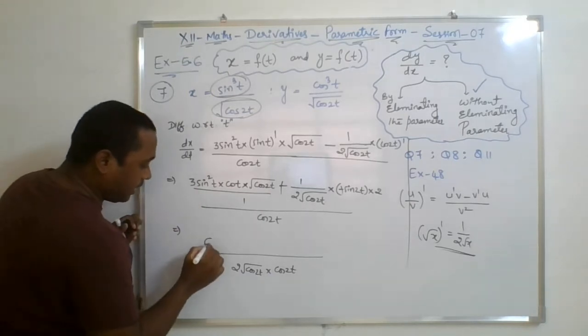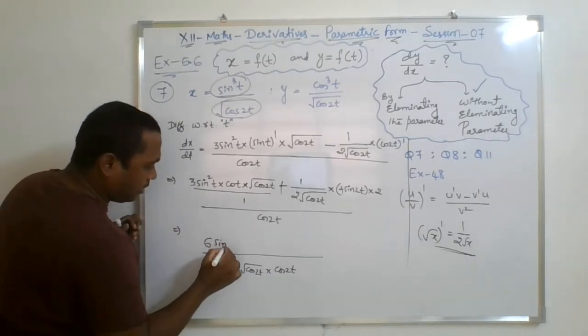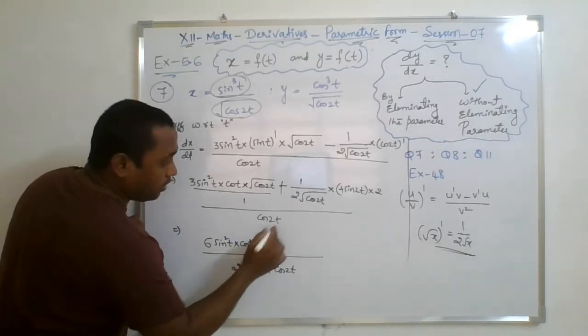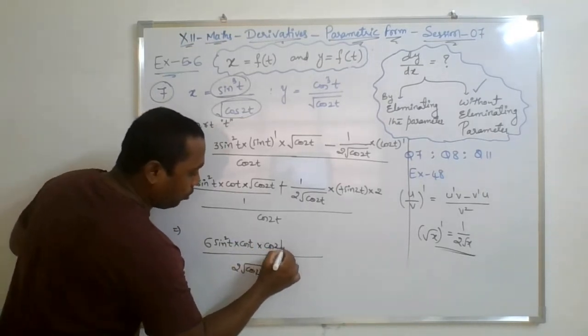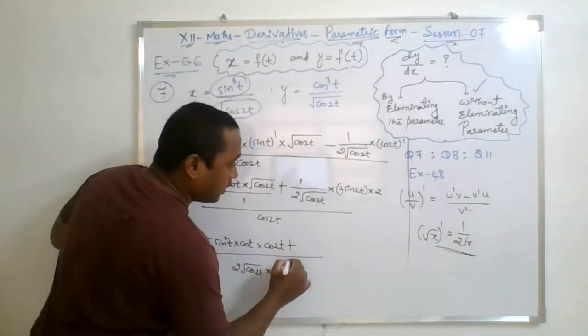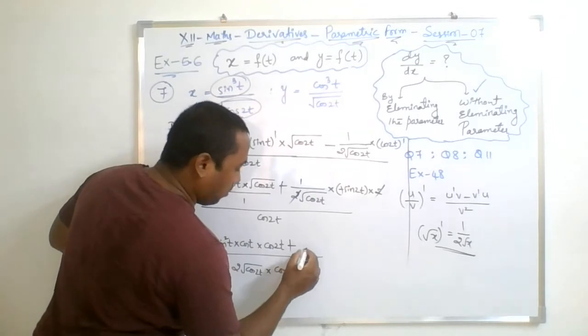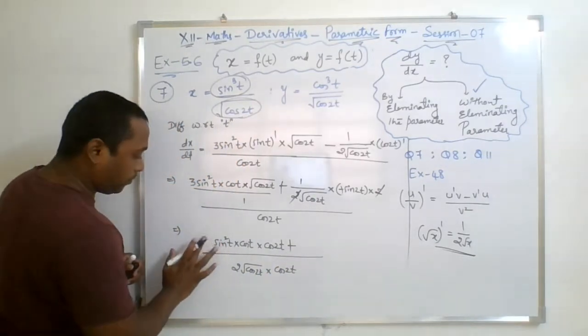2 3s are 6 sine square t into cos t into cos 2t plus, 2 gets cancelled, so you can eliminate it here.